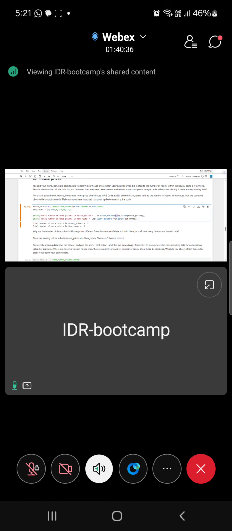That means it won't be counted as a number. Hence when it runs through, it gives you the total values, 5 and 6.